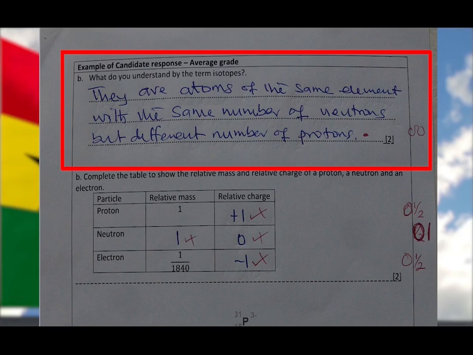You interchanged them, and this is a misconception that students have been having. So you should have said that isotopes are atoms of the same element, having the same number of protons but different number of neutrons. It's the difference in number of neutrons that accounts for their differences in mass number. That was what you were supposed to say to score the mark.